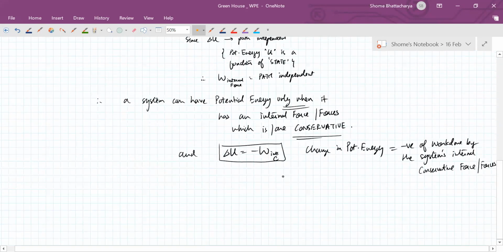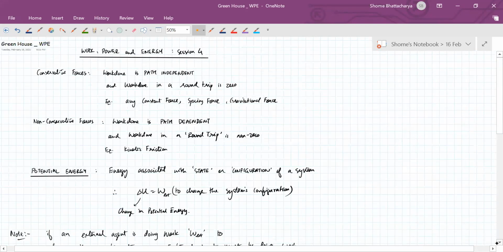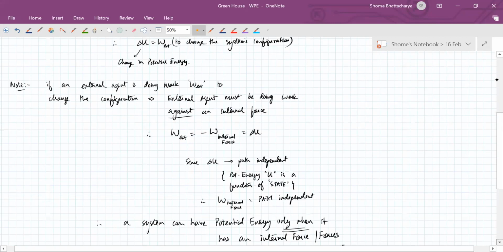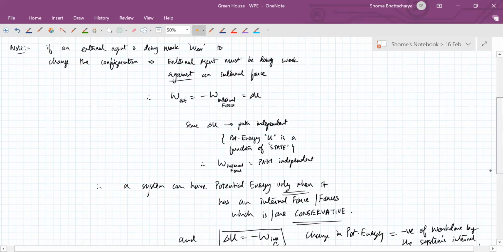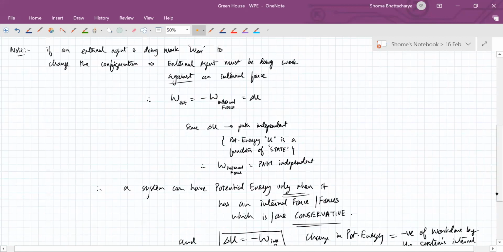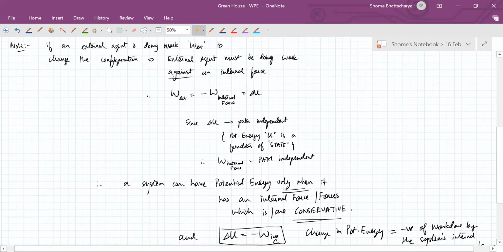So this becomes the more general definition of potential energy. First of all, when can we define potential energy of a system? We can define it only when the internal force is conservative. In that case, to change the configuration of the system, some external agent has to do work against the internal conservative force.